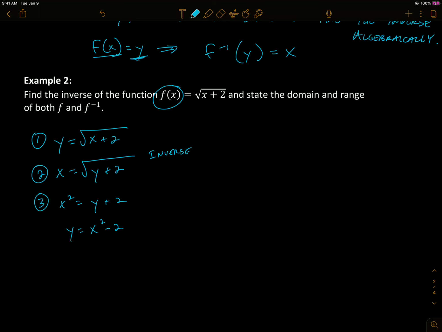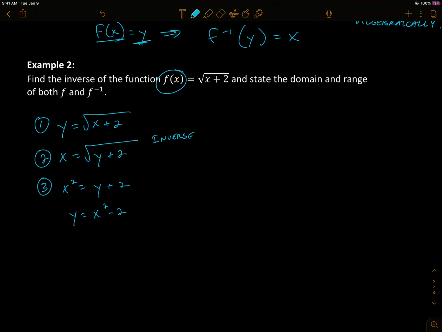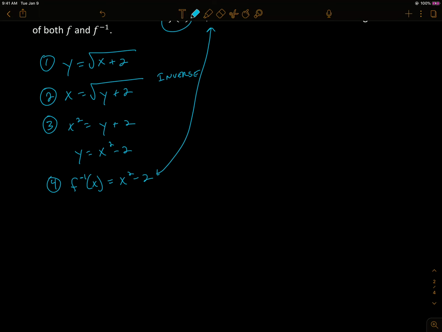Okay, so since we were able to solve it for one equation, we can rewrite it in function notation. So this is no longer f, it's f inverse. Right, this is the function that's going to undo, this is the inverse of that function there. Now, the last step is to note any domain restrictions, or check domain restrictions.